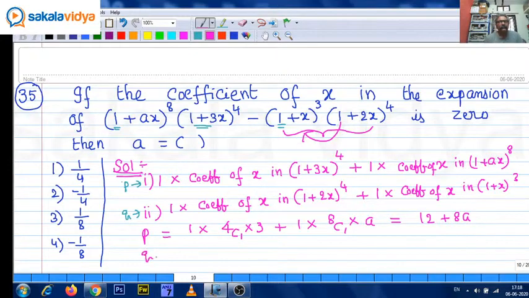Next q value. Q value is this one now. 1 multiplied by coefficient of x, that is 4C1 into 2x, 2x means 2 you get. Plus 1 multiplied by 3C1 into x, coefficient is 1. 4C1 is 4. 4 into 2, 8. Plus this will be 3. So 11.